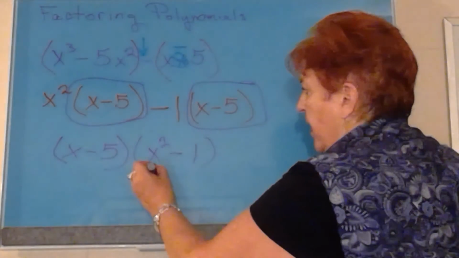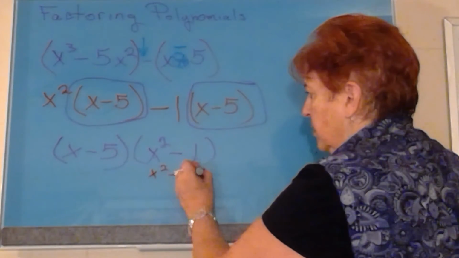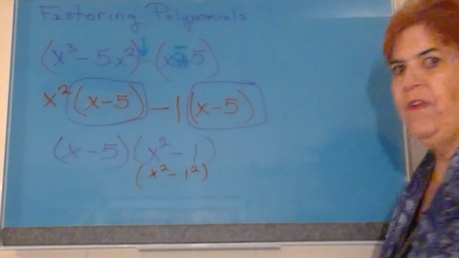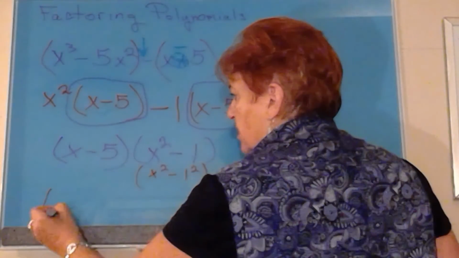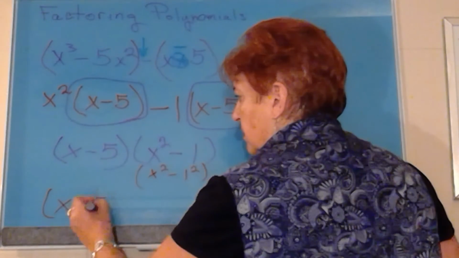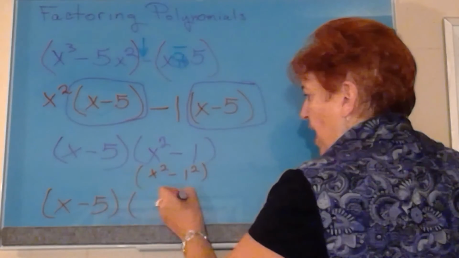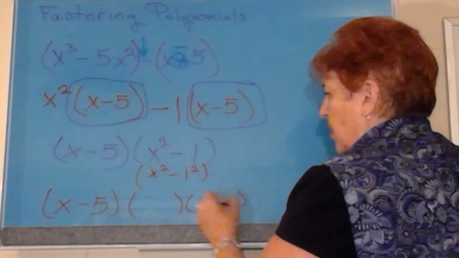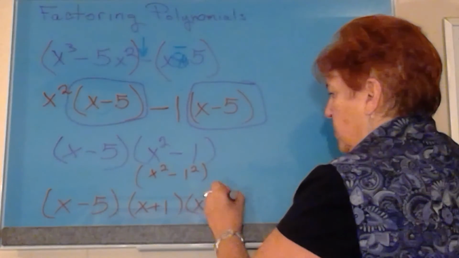This is x squared minus 1 squared. And that can be factored. So the x minus 5 stays where it is. X squared minus 1 squared factors into x plus 1 times x minus 1.